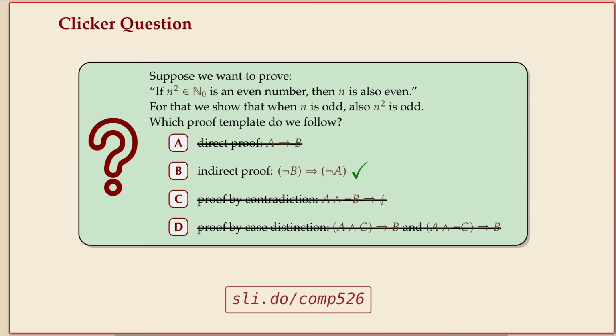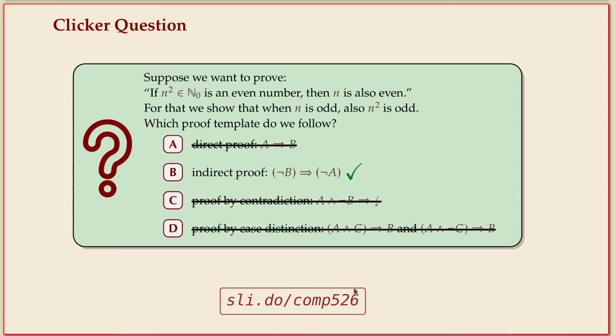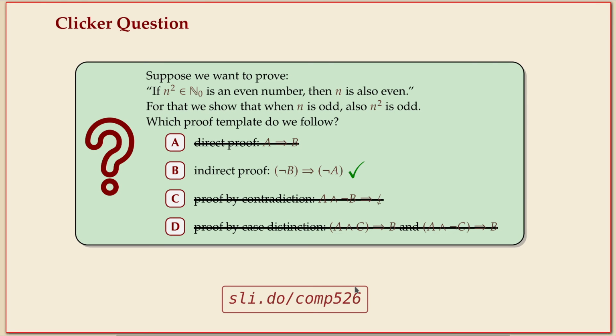And if we want to highlight why this is an indirect proof, we can split up the individual parts. So that's our statement A. That's the statement B. Now we showed n is odd implies n squared is odd. That's the same as not B. It's just slightly hidden because I changed from odd to even.